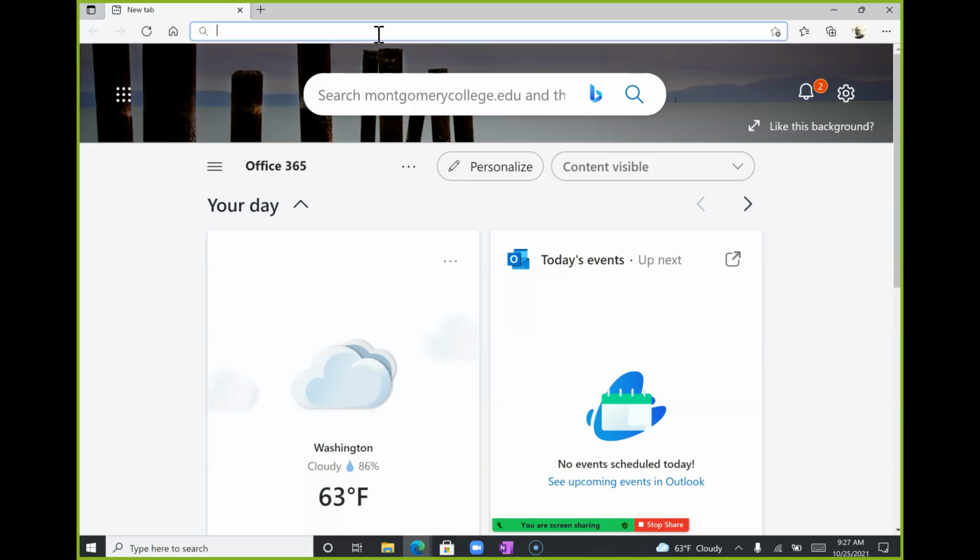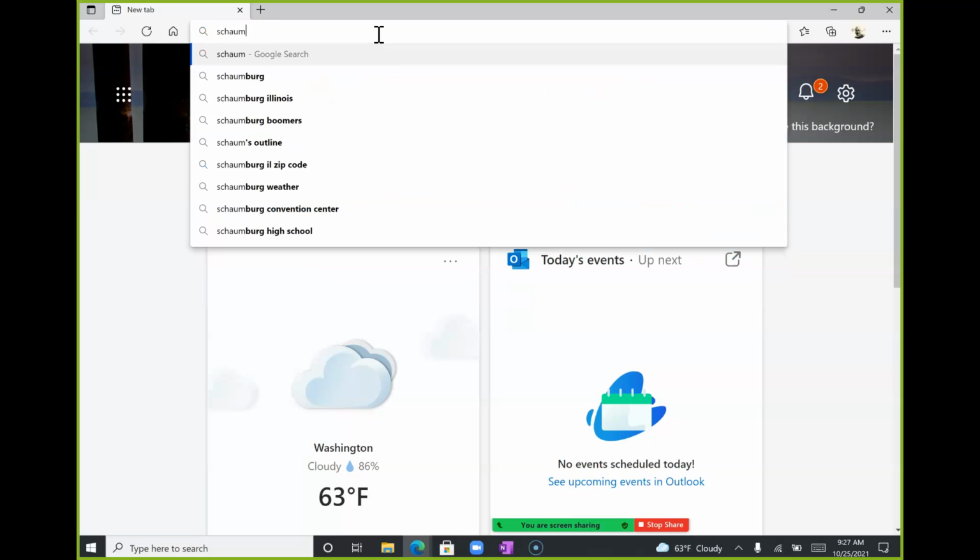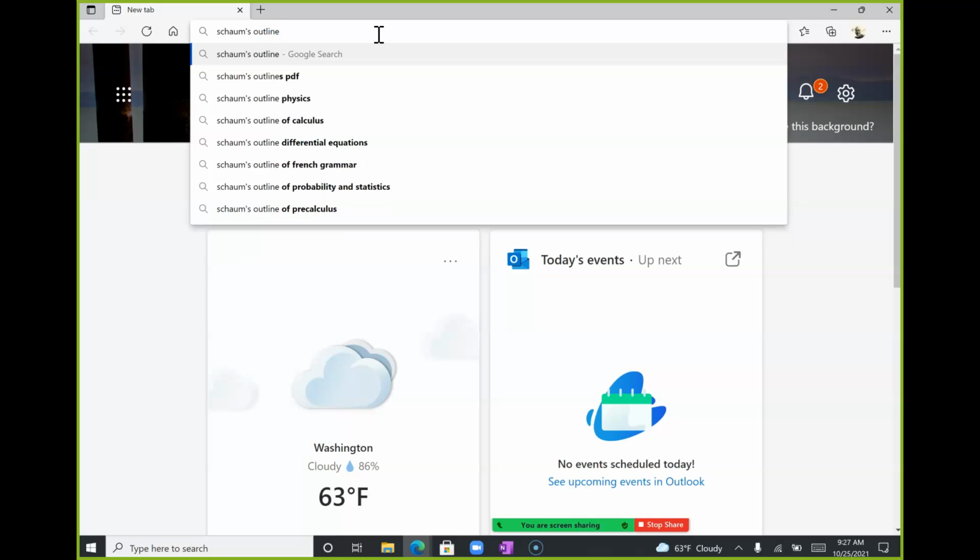You want the linear and advanced linear. The advanced linear have all the proofs in it. Schaum's outlines are pretty cheap. So here's physics, differential equations, right?